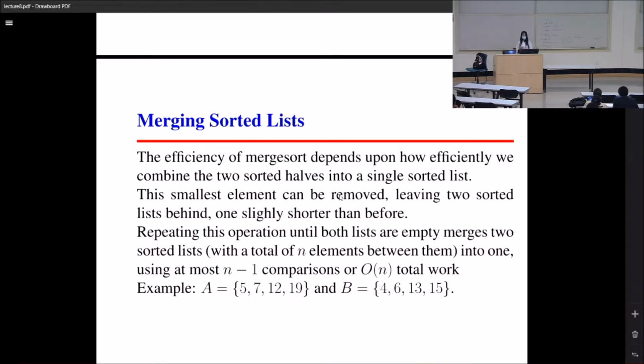It comes from how efficiently we combine the two sorted halves into a single sorted list. The smallest element can be removed, leaving two sorted lists behind, one slightly shorter than before. You repeat this operation until both lists are empty, merging the two sorted lists into one array using n-1 comparisons, or O(n) of the total work.